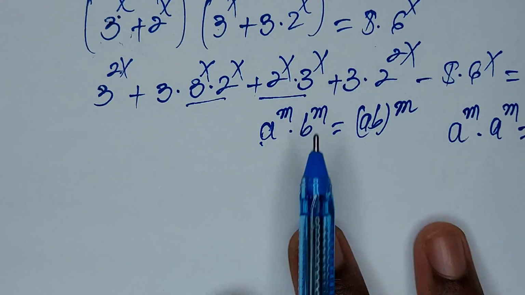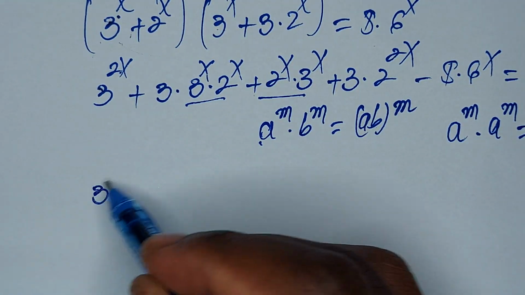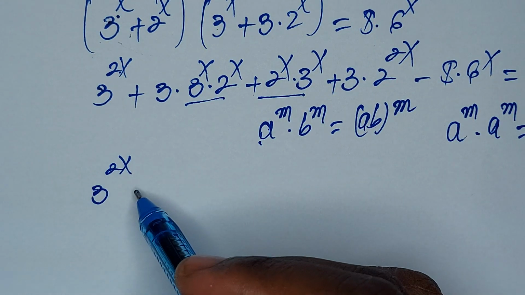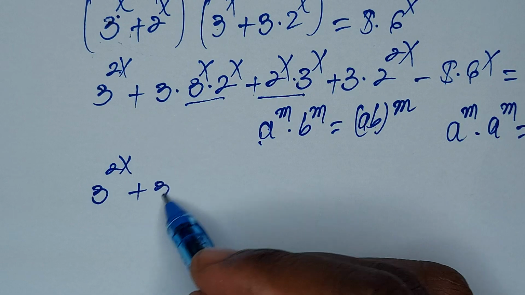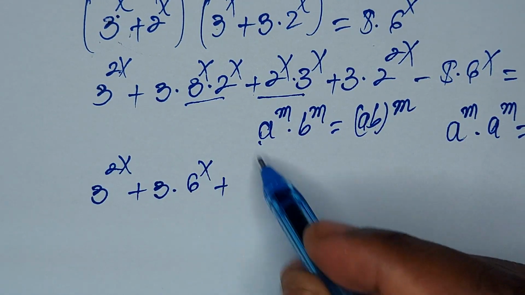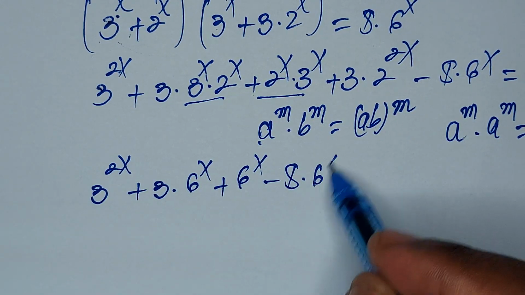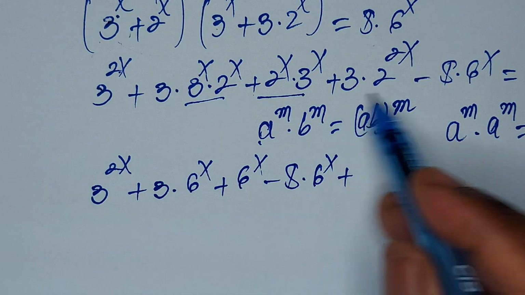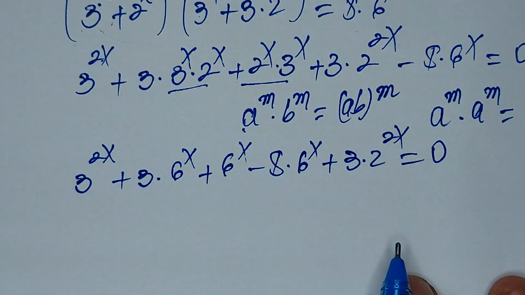That's why I wrote 3 to the power 2x. So now I have 3 to the power 2x, plus 3 times 6 to the x, plus 6 to the x, minus 8 times 6 to the x, and plus 3 times 2 to the 2x equals 0.